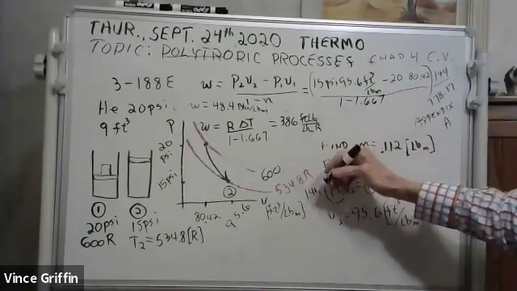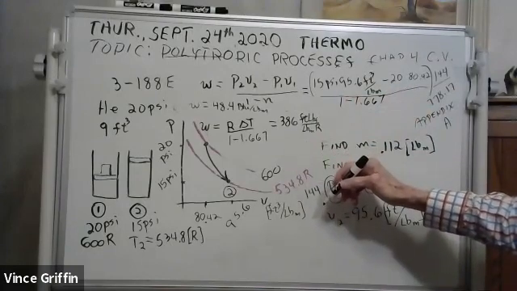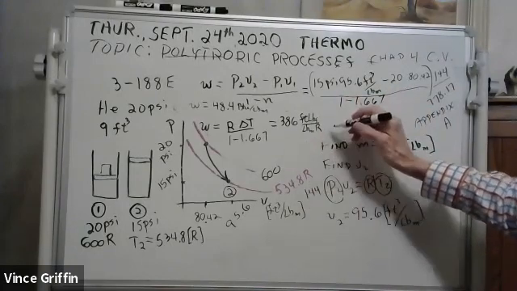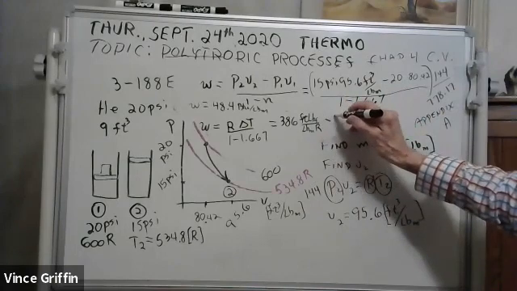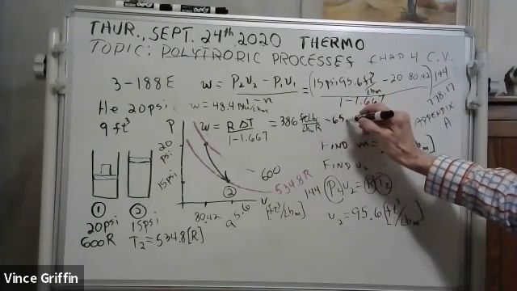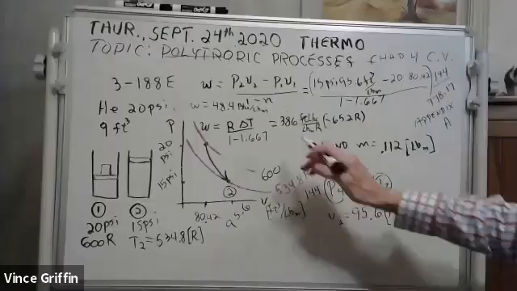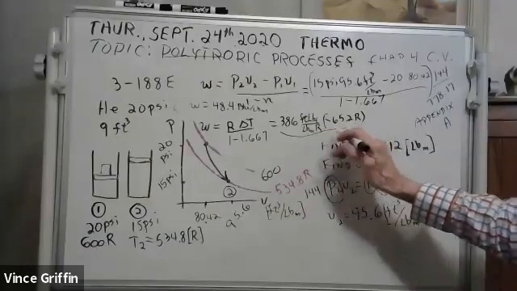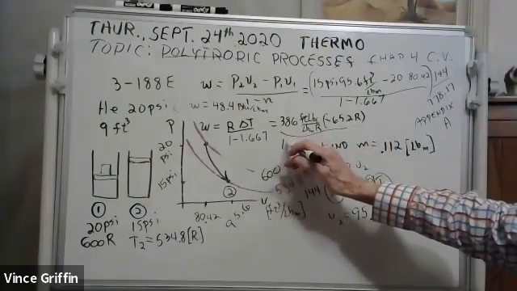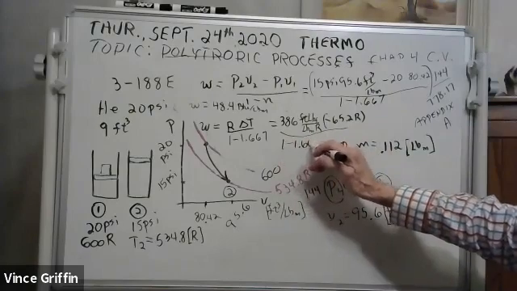I'm trying to subtract these in my head. Do you get the negative 65.2? Did I do that right in my head? Yes. Good, excellent. And then divide by 1 minus 1.667.